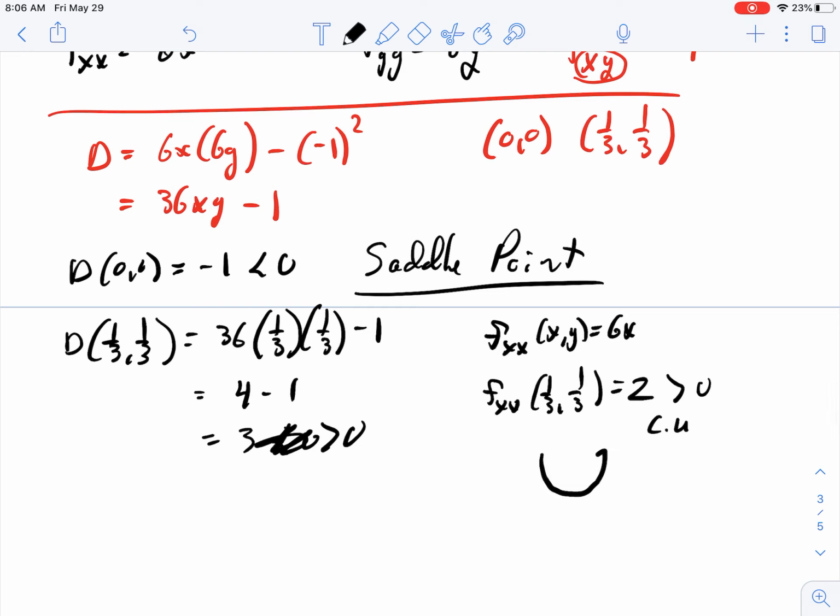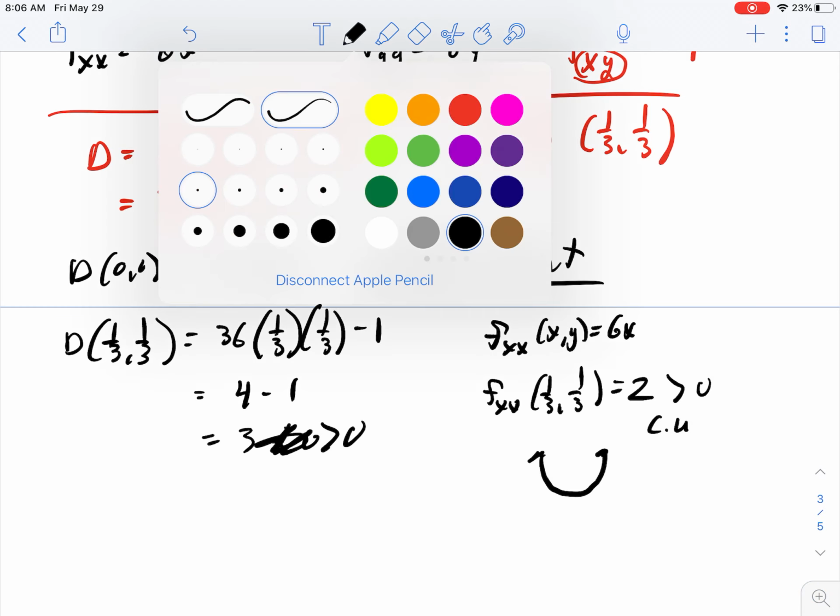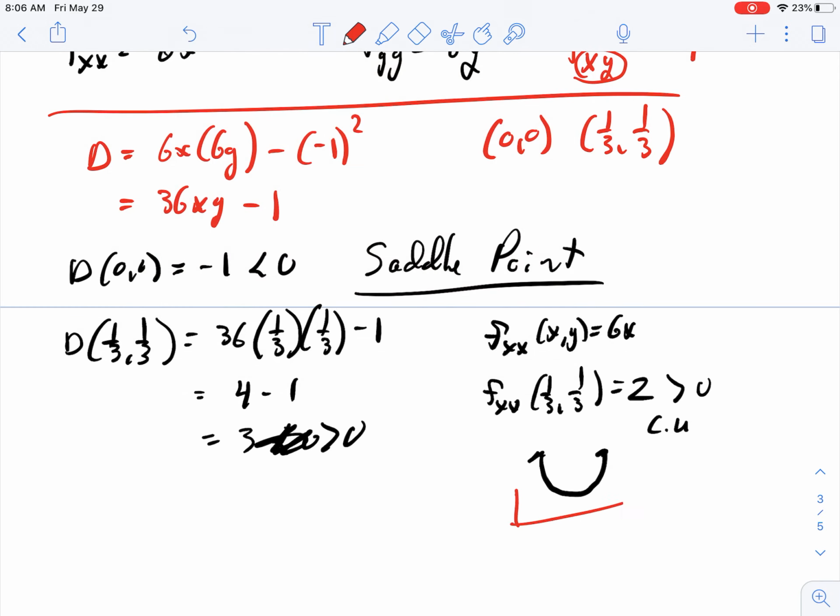So again, like I said, think of this as concave up in three dimensions. So it's concave up. And therefore my plane would be sitting on the bottom. So that would be a local min would be my plane. All right, so that is it.